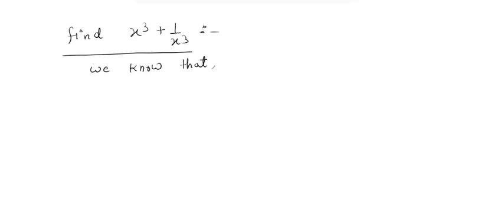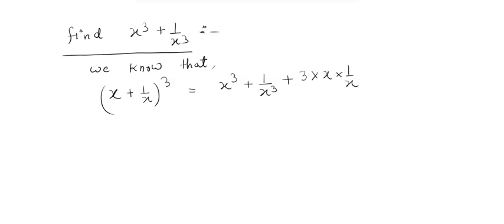So we know that x plus 1 by x whole cube is equal to x cube plus 1 by x cube plus 3 multiply x multiply 1 by x in bracket x plus 1 by x.